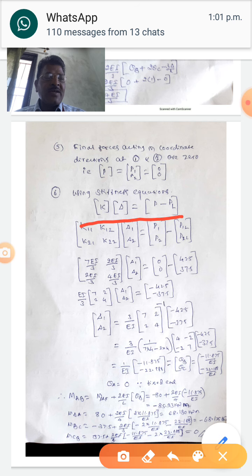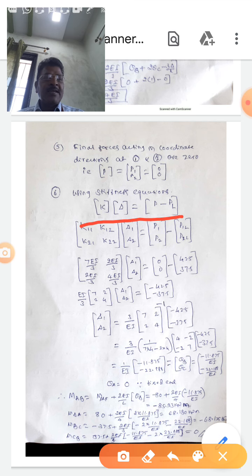So this is the inverse matrix. The inverse matrix is converted to the normal matrix, that is 3 divided by EI into 1 divided by (7 into 4 minus 2 into 2), and changing the matrix numbers, that is interchanging, 7 is replaced by 4 and 4 is replaced by 7, and 2 is replaced by minus 2 and minus 2.